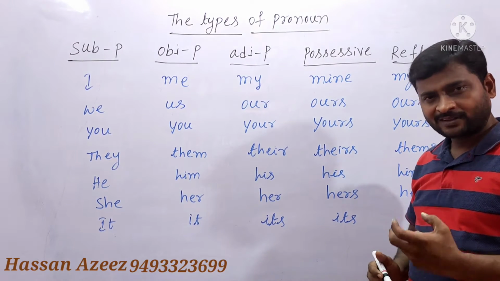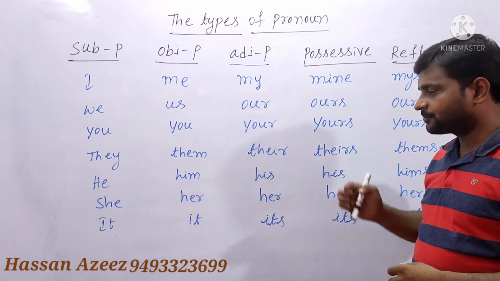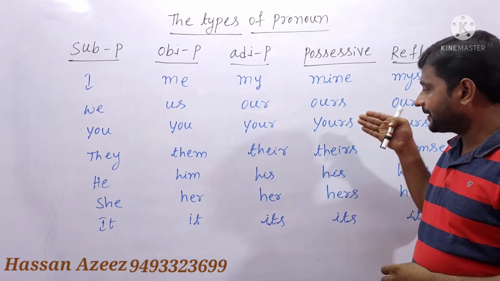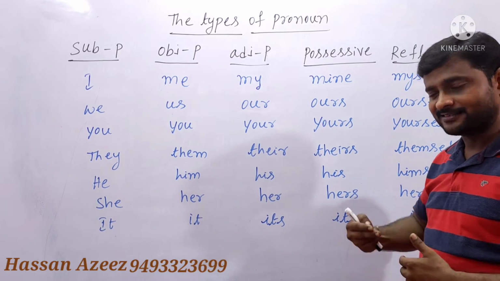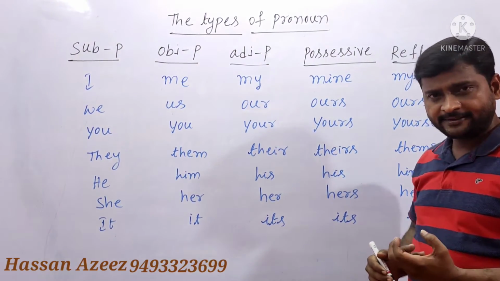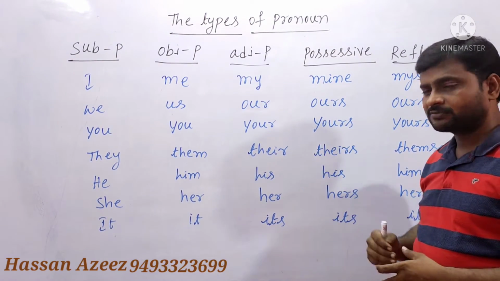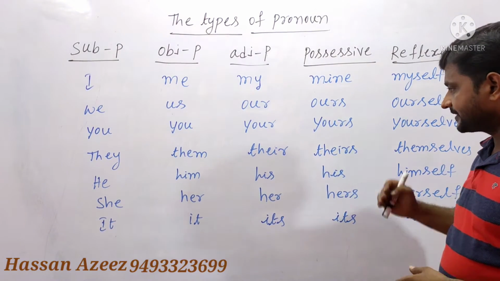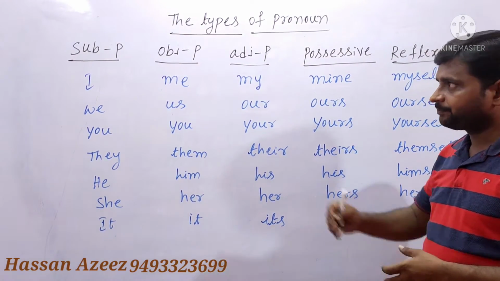Subjective pronoun they, objective pronoun them, adjective pronoun their, possessive pronoun theirs, reflexive pronoun themselves. Subjective pronoun he, objective pronoun him, adjective pronoun his, possessive pronoun his, reflexive pronoun himself.